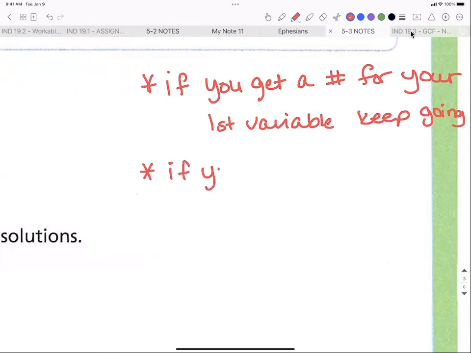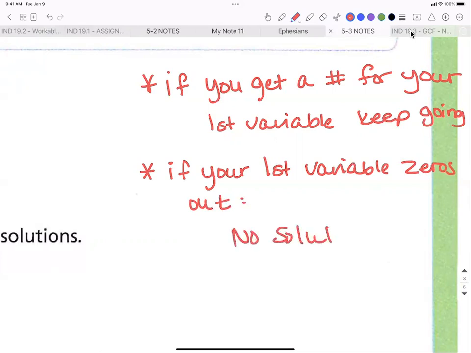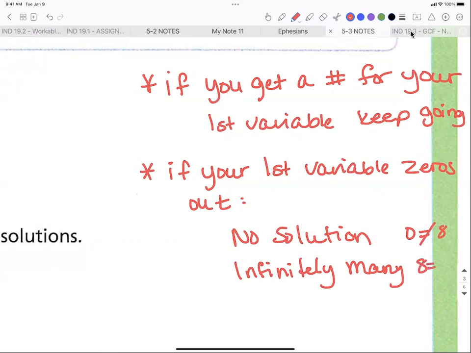If your first variable zeroes out, I say first variable because it's in that first step that you're doing it, it's either no solution or it's infinitely many. If it's no solution, you're going to get something like 0 equals 8. Not true. If it's infinitely many, you're going to get something like 8 equals 8.